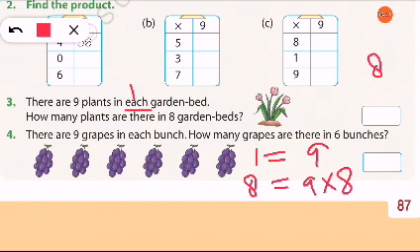We will write here, 8 nines are how much? 72. There will be 72 plants. You can write here plants. So your answer will be 72 plants in 8 garden beds.